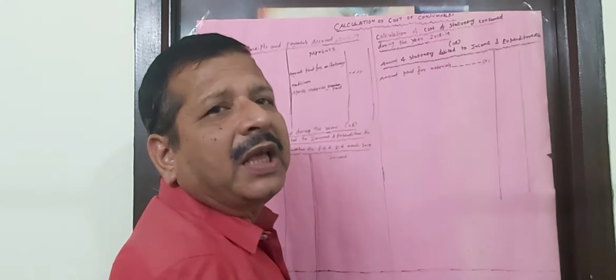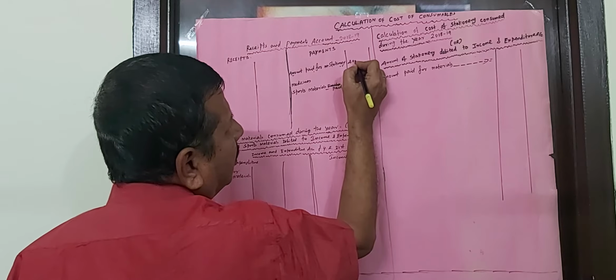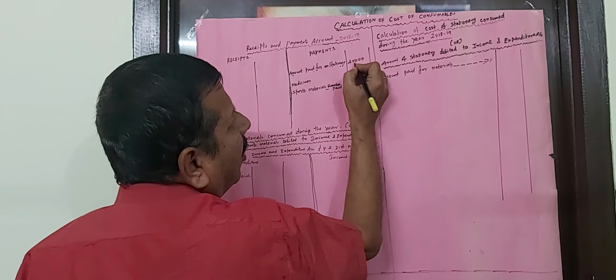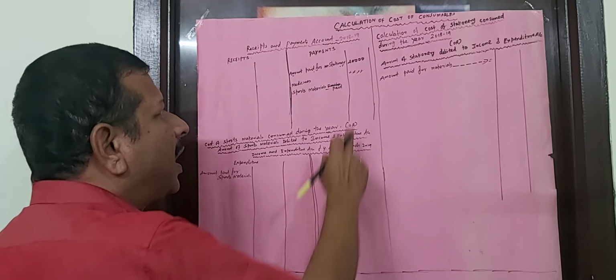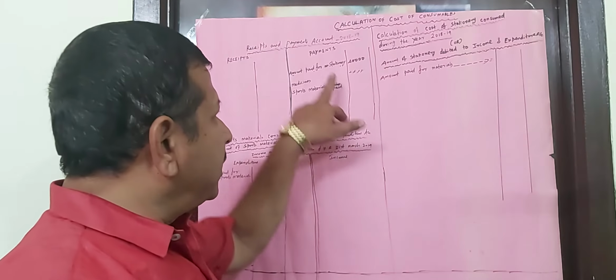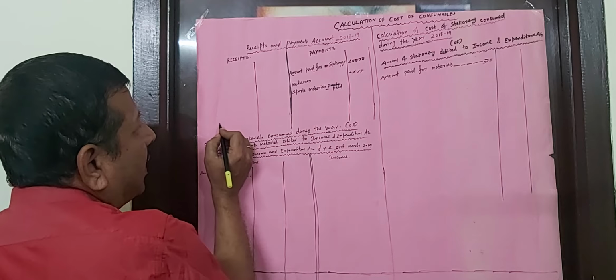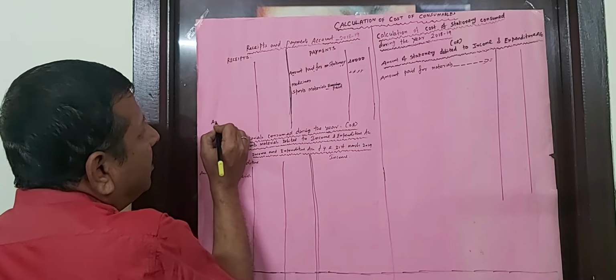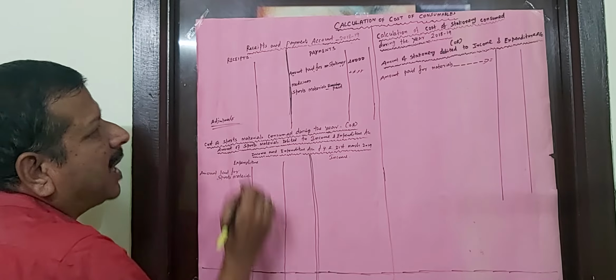Let us keep an example. The amount paid for stationery is 40,000 rupees. In addition to this 40,000, below the receipts and payment account, they will be giving adjustments.